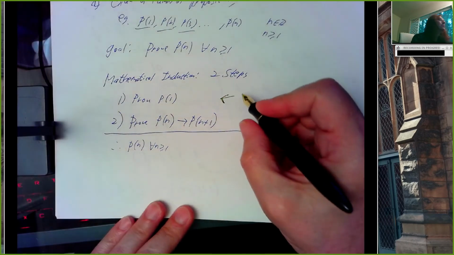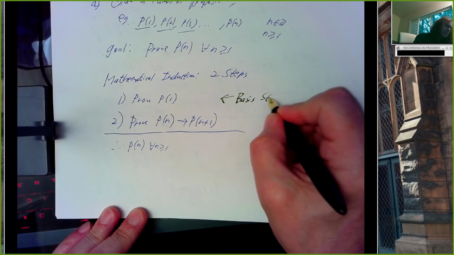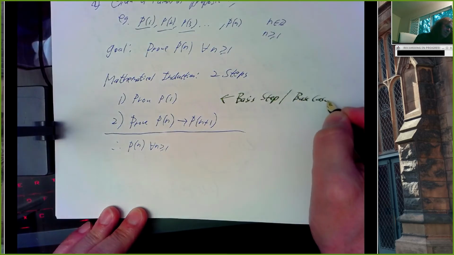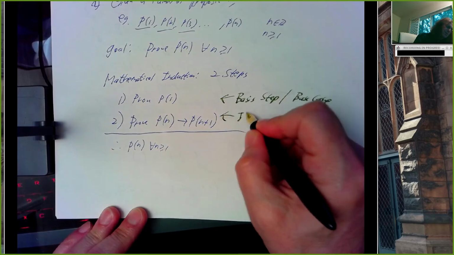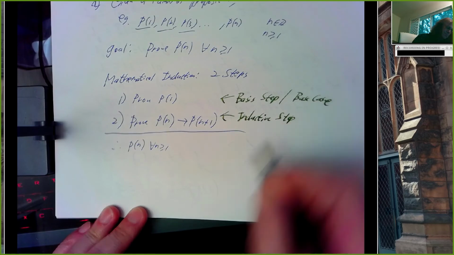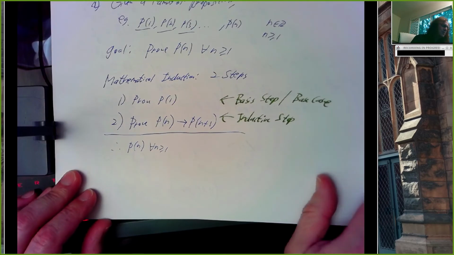This is called the basis step, or sometimes a base case. This is called the inductive step. And we're going to encounter these a lot through the rest of the course, and a lot in CSE215.